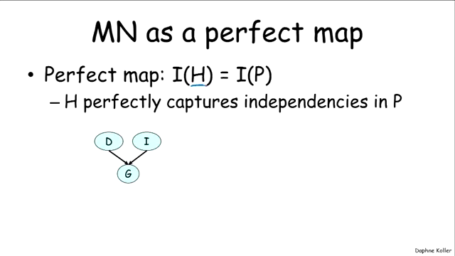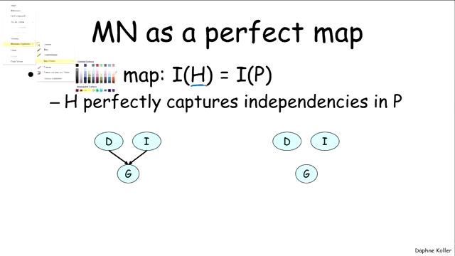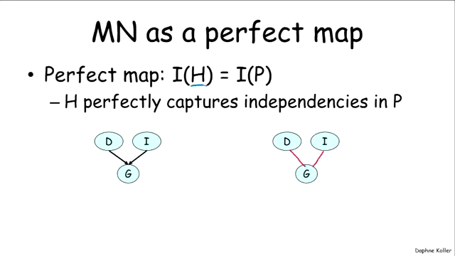So this is the famous V-structure example, in this case, the difficulty intelligence grade V-structure. And let's think about what we would need to encode, in terms of edges, for being an IMAP of this distribution. So clearly, we need to introduce an edge between D and G and between I and G, because it's certainly not the case that we can make D and G independent given I or vice versa. And so this would be the obvious IMAP for this distribution.